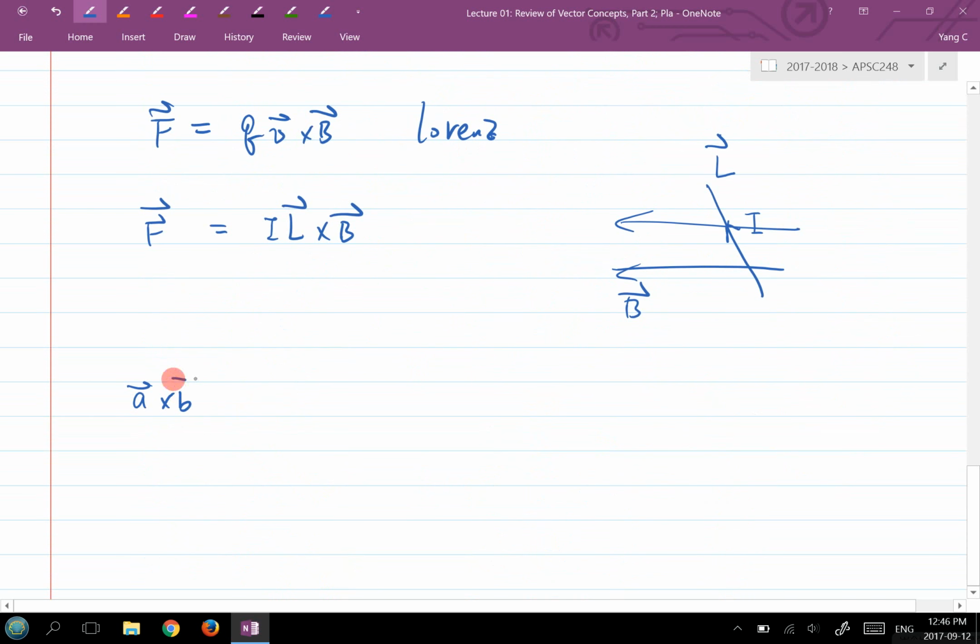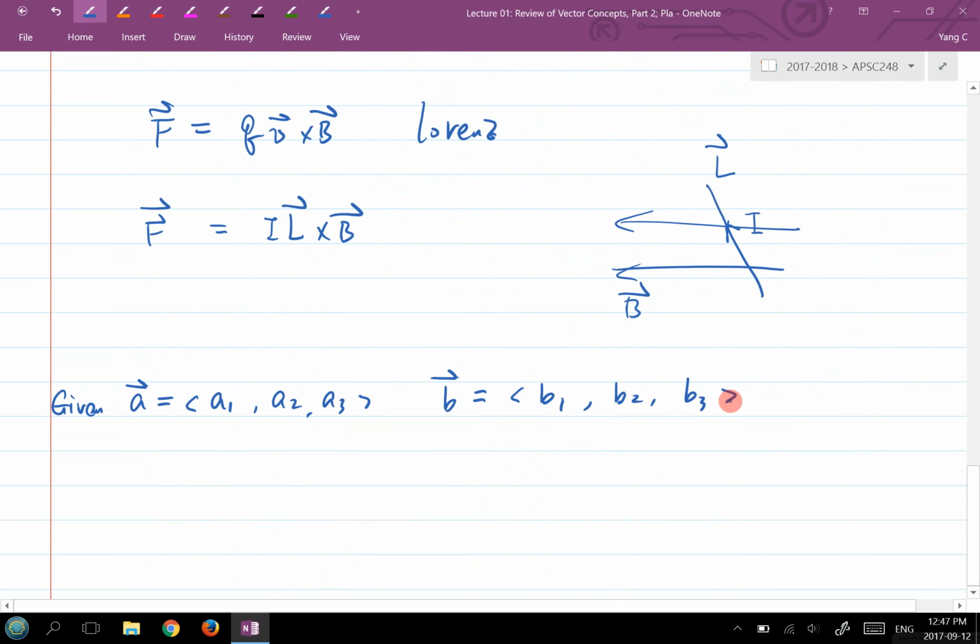Okay. So let's see how I calculate the cross product. Suppose I have the two vectors a1, a2, a3 for the vector A, and the vector B, b1, b2, b3. I'm sorry, I made a mistake. According to my notation, I should use half angle for vectors, right?